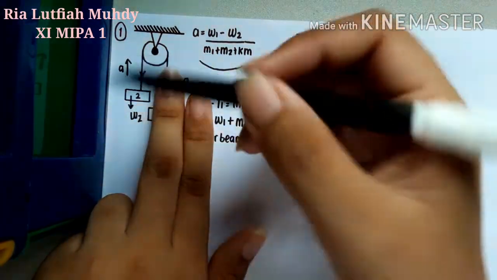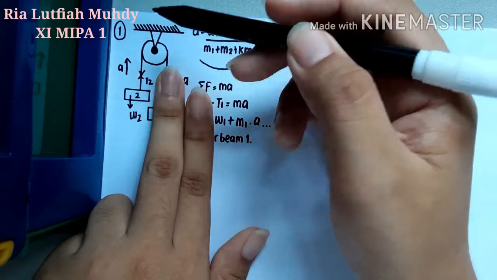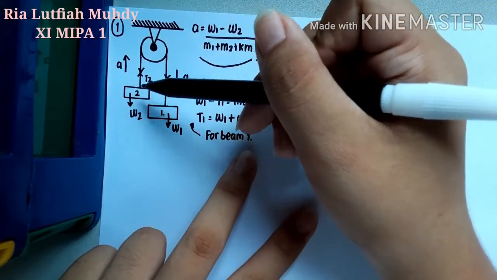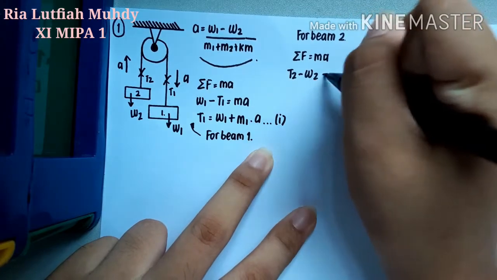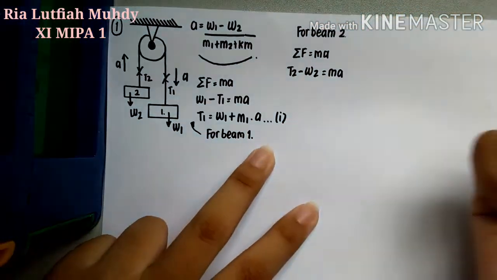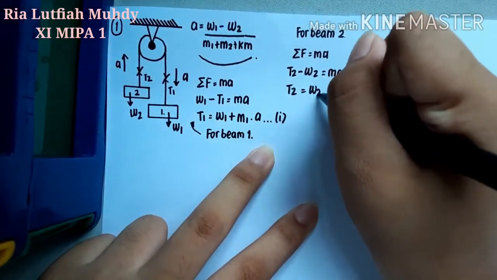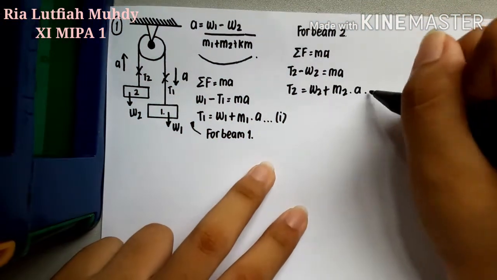As we know, the acceleration is going up, so the force going up is positive, which here is tension 1. So tension 1 minus weight 2 equals mass times acceleration. Then we can write that tension 1 equals weight 2 plus mass 2 times a. And we got the second equation.